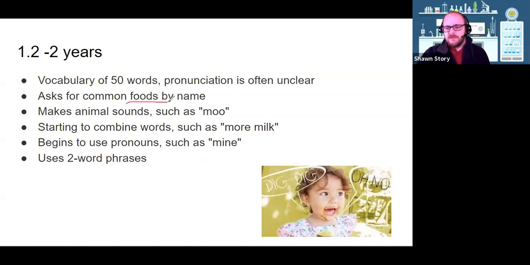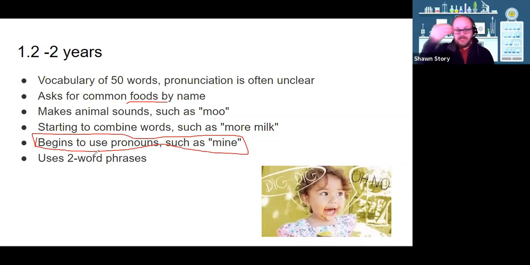They should know some basic food names, can say things like milk, juice, and then really, this is the important one, especially when we start looking at cognitive development, this idea of pronouns, right? They're starting to learn perspective. This is mine and that's yours, right? That ownership. We have different people with different lives, and they're starting to realize that it's not just them.